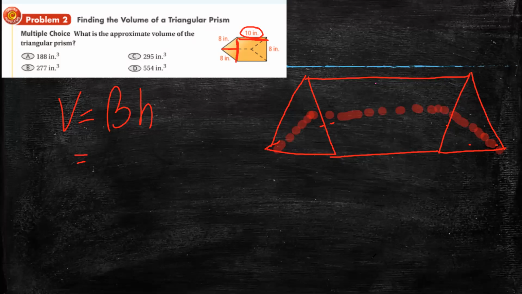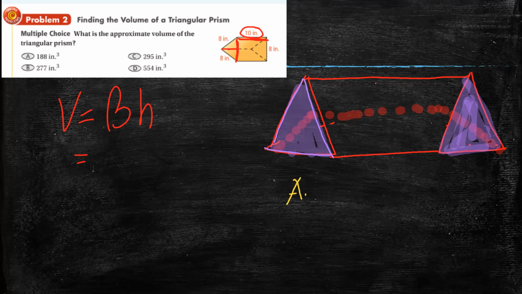Okay, so now we said that this is my base, and this is my other base. Now we have to find the area of the base. I told you here that the area is half b small times h.